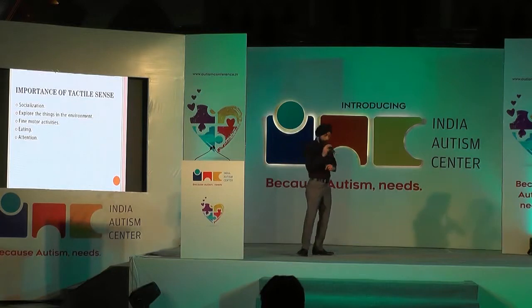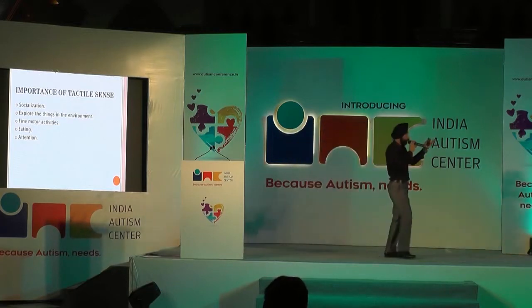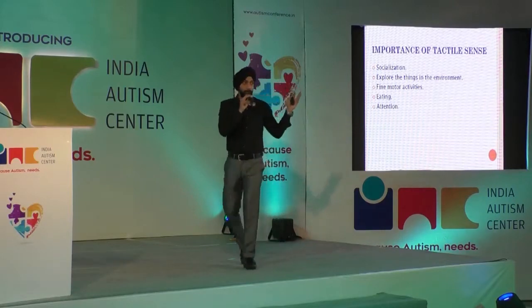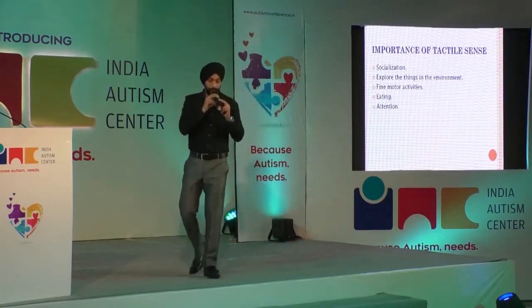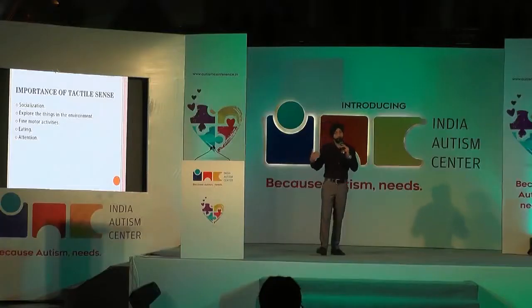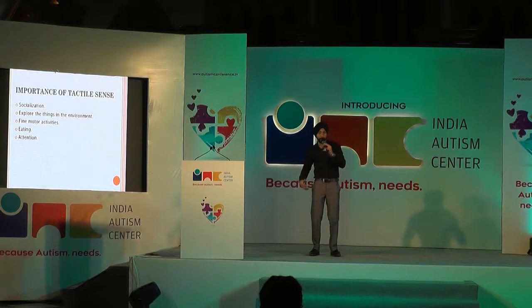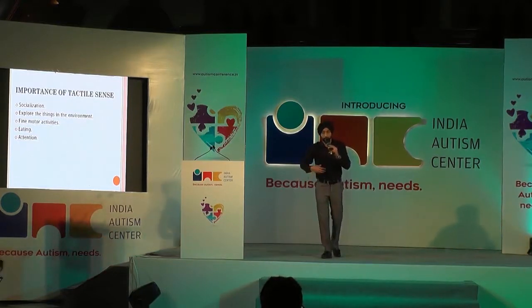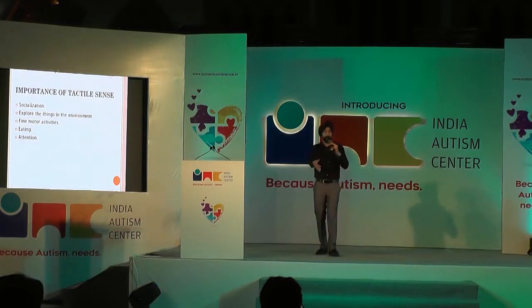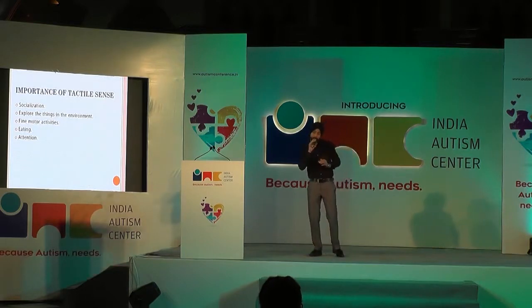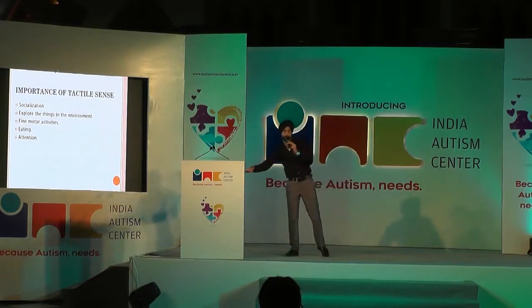Okay, the tactile system is required for socialization. Why? Suppose a child is in school. He needs to sit with some child, he needs to be in the circle with other kids, he needs to stand in line where somebody can be in front of him and somebody behind him. So there is a probability that somebody can touch him, and that he needs to touch somebody.